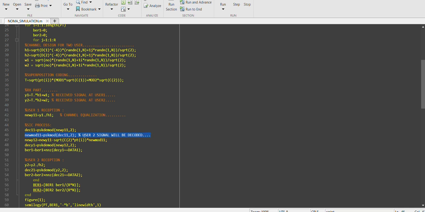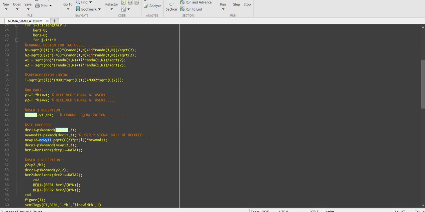When it is modulated, we will get the user 2 signal. This signal needs to be multiplied with the power of user 2. Then we will subtract this signal from the new 1 1, which is the received signal after channel equalization.